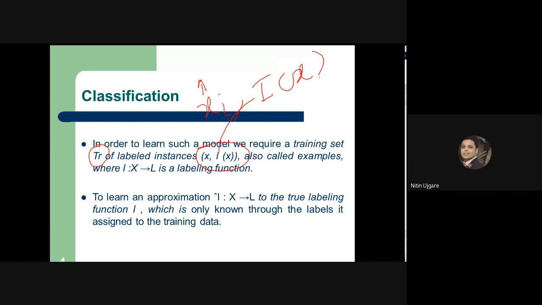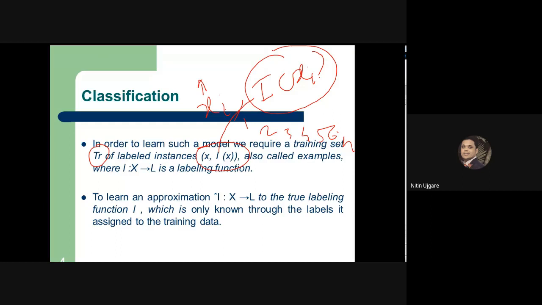The instance index i may be 1, 2, 3, 4, 5, 6, and so on up to n. So what is l(x)? l(x) is basically a labeling function.